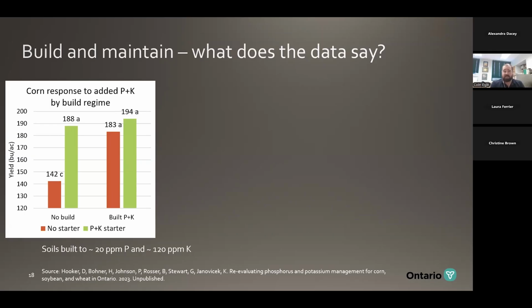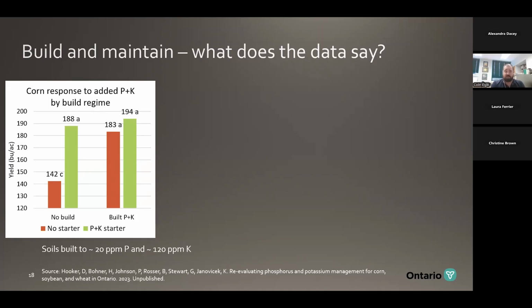In this case, about 9 bushels on average, but not significant, to adding that starter in, fertilizing that moderate testing soil. But when we compare that to our low testing soils, we can see that there's absolutely a big response to that fertilizer. And in a lot of cases, we would absolutely need that fertilizer to be able to get our maximum profitable yield off of that piece.